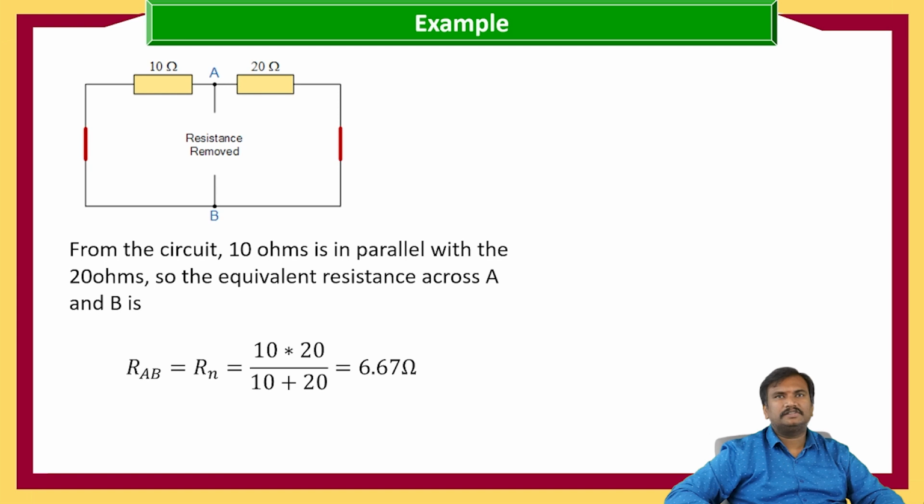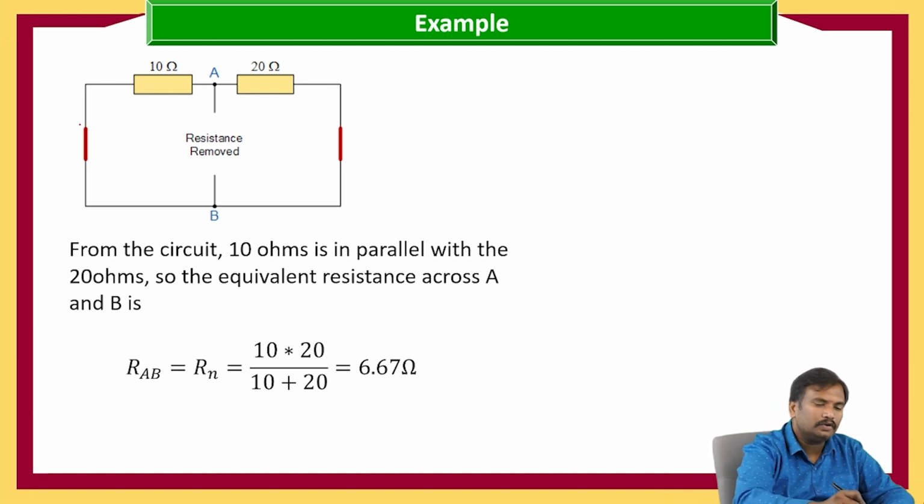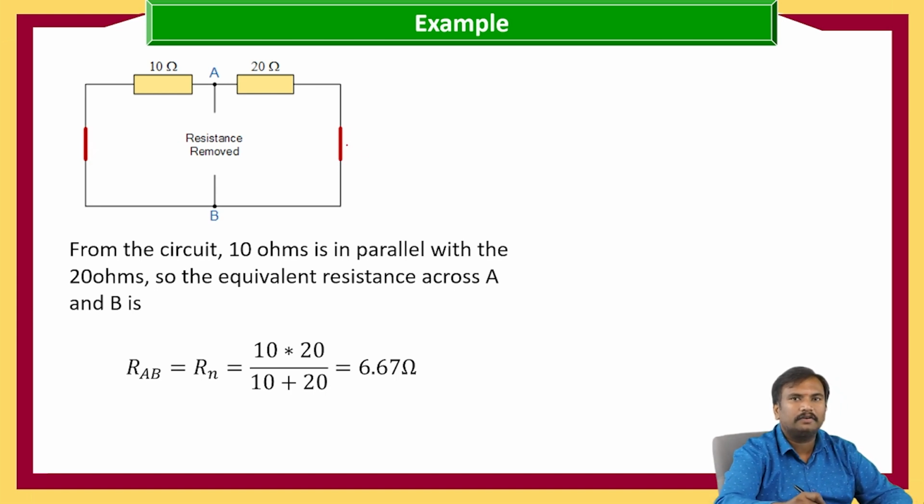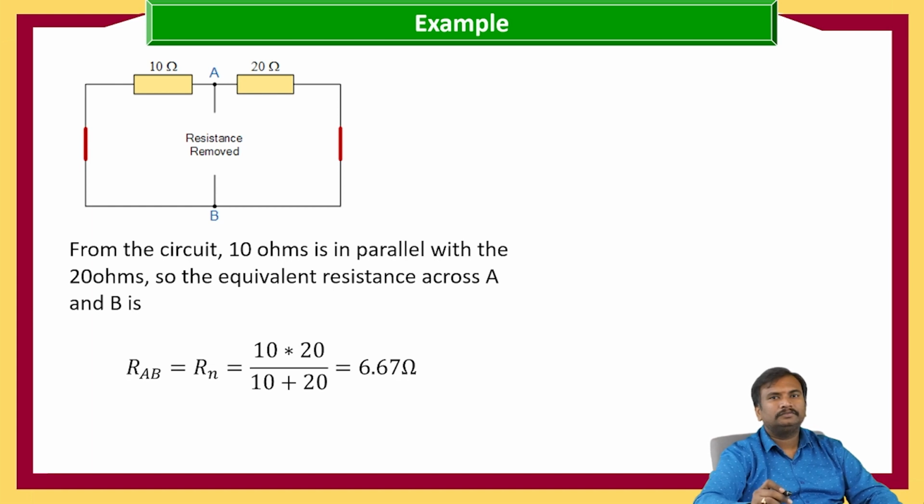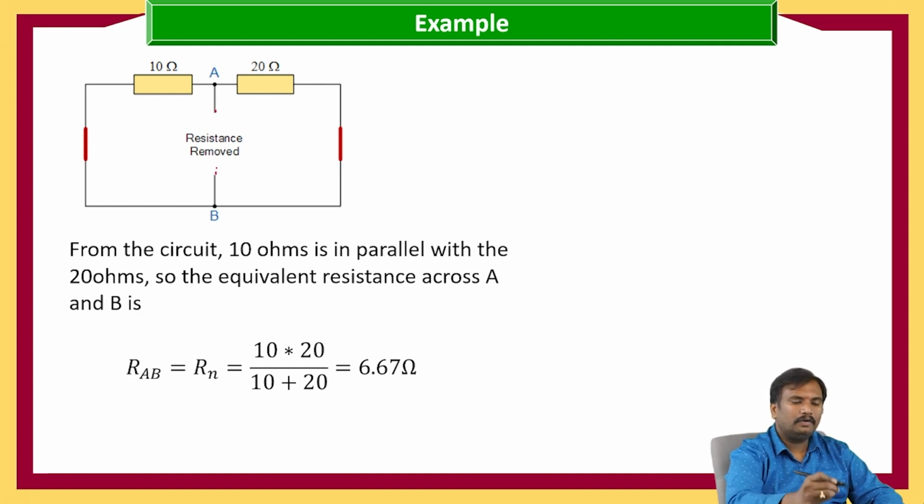We are going to calculate the equivalent resistance by making the sources 0. Here we have voltage sources only, so we are making both voltage sources short circuit. Here you can clearly see these are short circuited. Now the load resistance is opened.